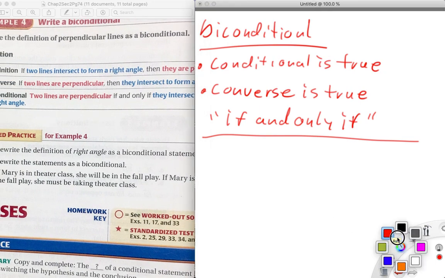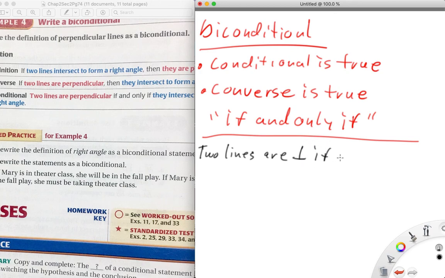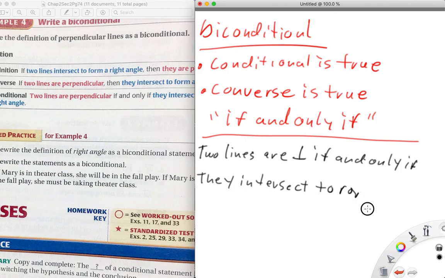And that would be two lines are perpendicular if and only if they intersect to form a right angle. Not 90 degrees.